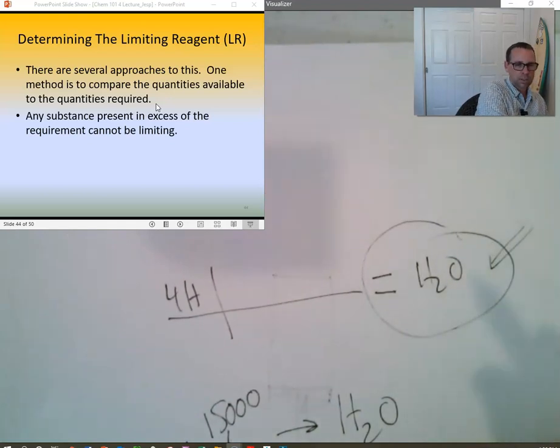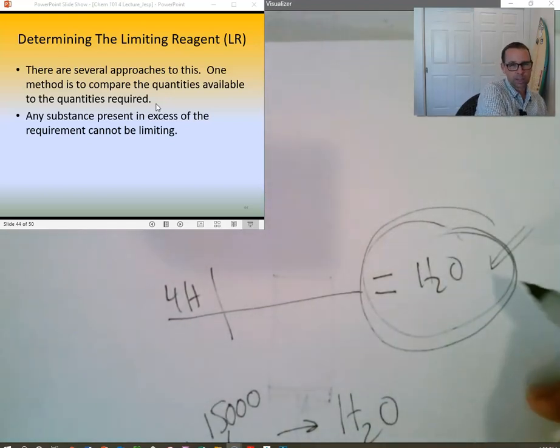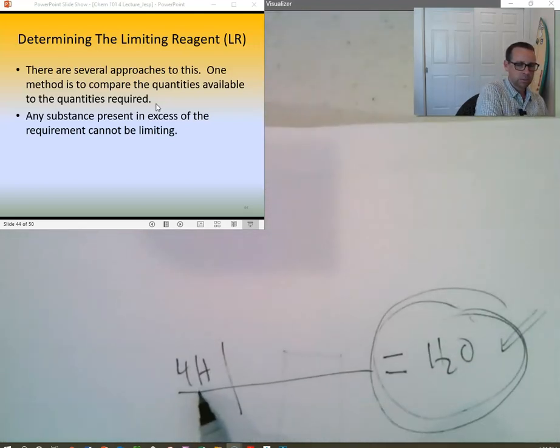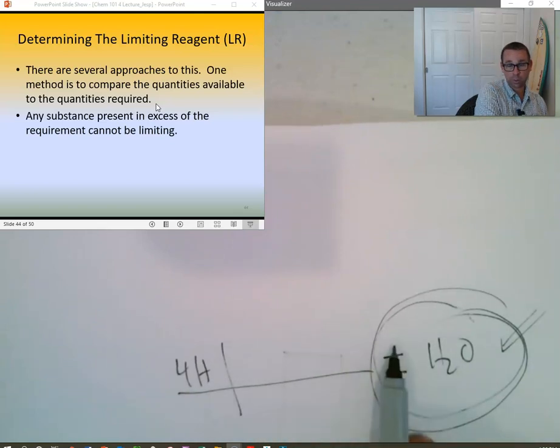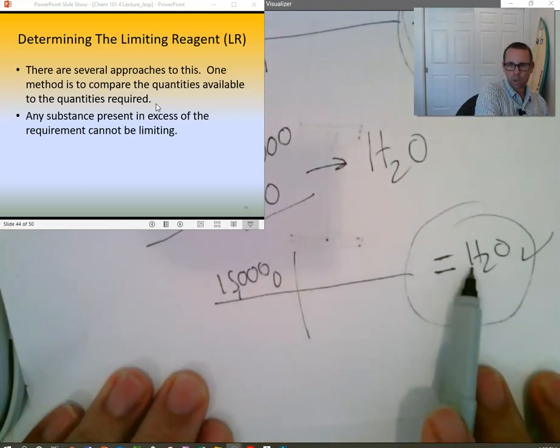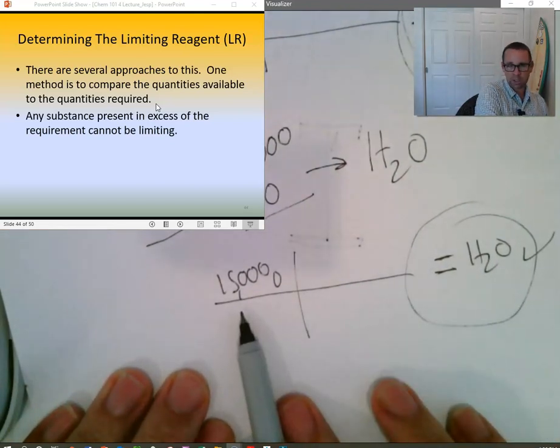That's right. And so I'll know that that is the true amount that I can make because it's less than this one. In this case here, we say, how many of these can I make if I have 4 hydrogens? But we're really saying, how many of these could I make if I had 4 hydrogens and plenty of oxygen? Because we never have any information about how much oxygen we have here, so we're assuming we have plenty. This one down here, we're saying, how many waters can I make if I have 15,000 oxygen and plenty of hydrogens?